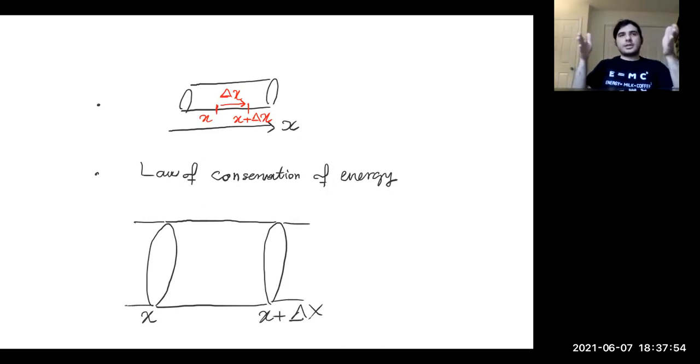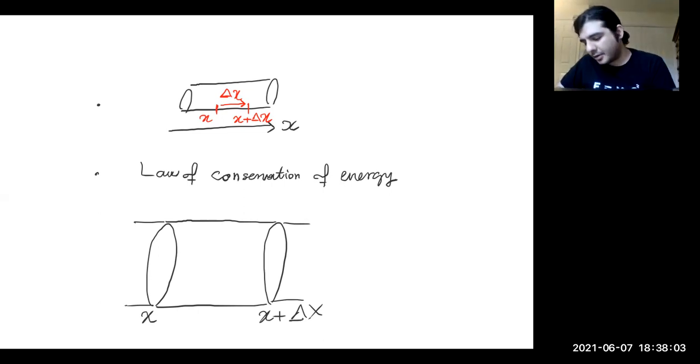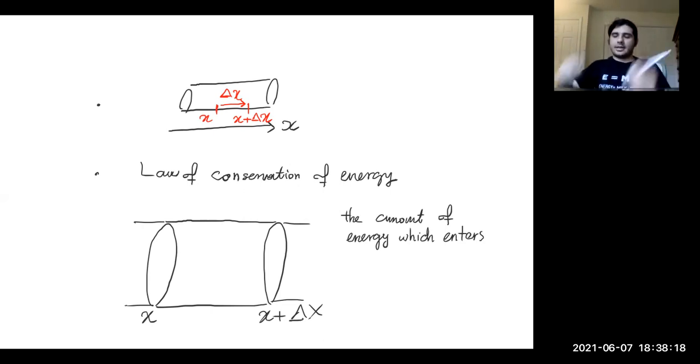From these two cross sections, some amount of heat or energy might enter, the amount of energy which enters this area. For example, it might come from here or from here.